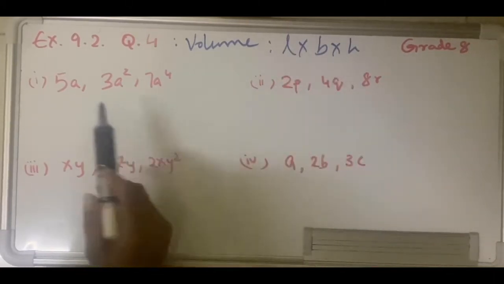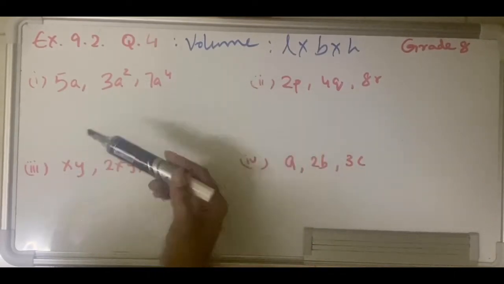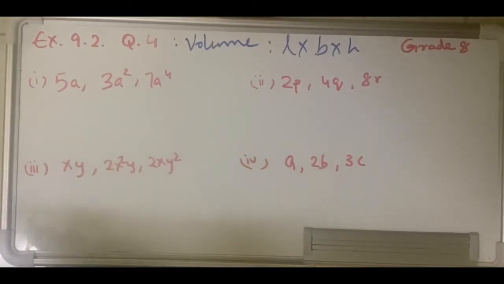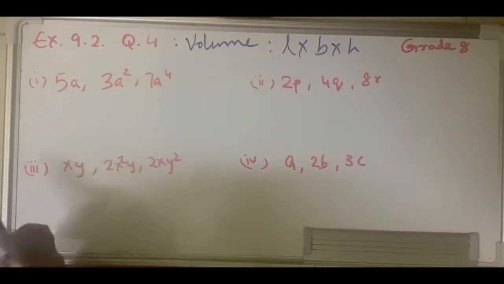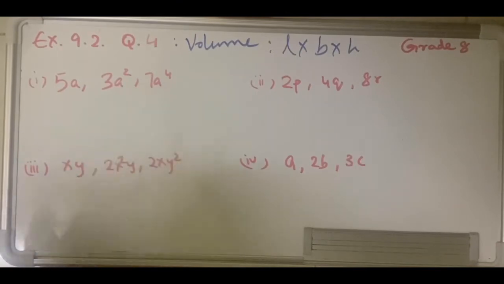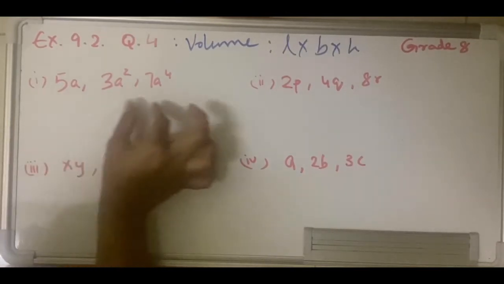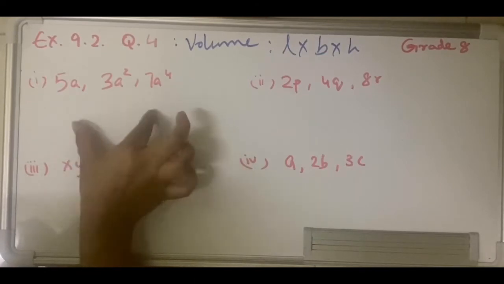So they have given us length, breadth and height for each of the 4 questions, and they just want us to do the multiplication. Clear? So I have shown in the last video how to multiply when it comes to 3 monomials. Either what you can do is that you multiply the first 2, get the product, and then you multiply it by the third one.